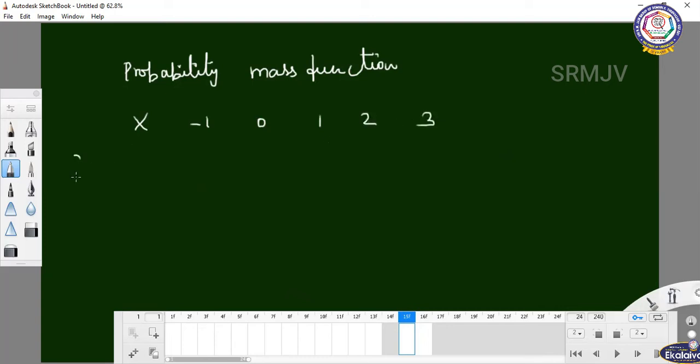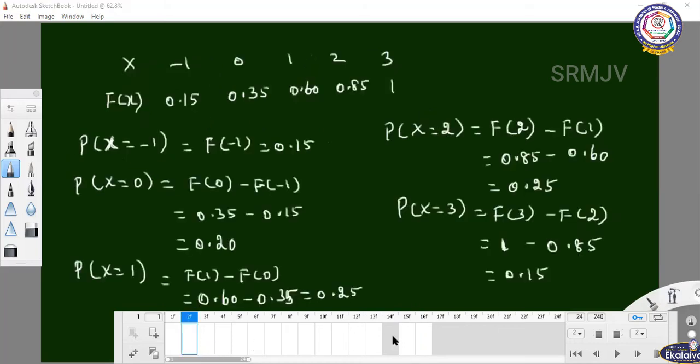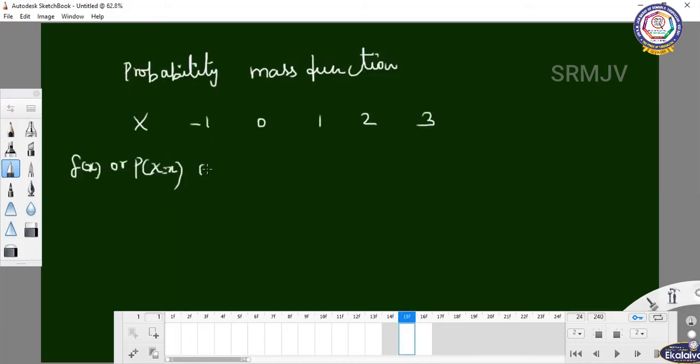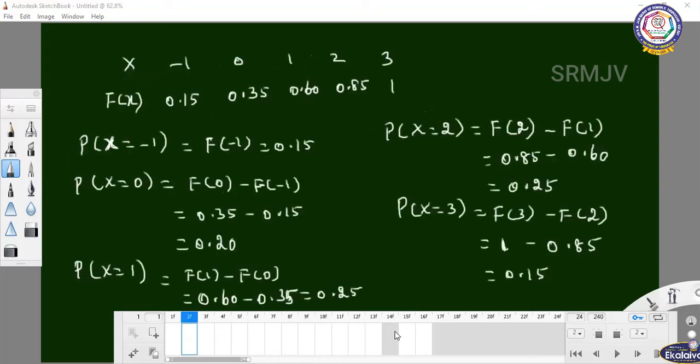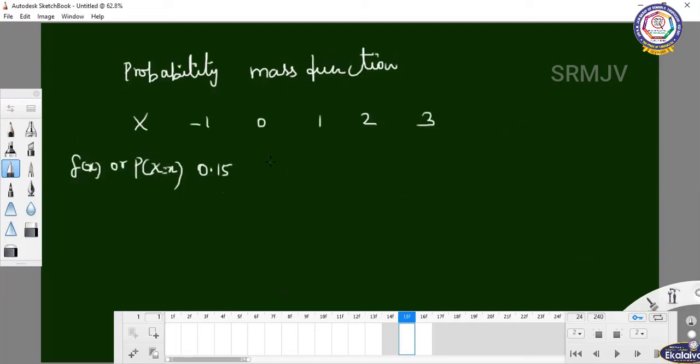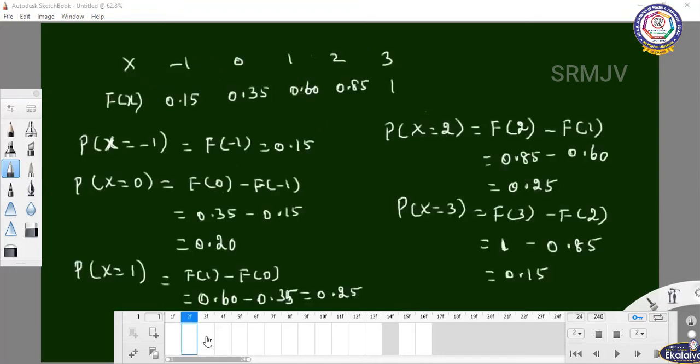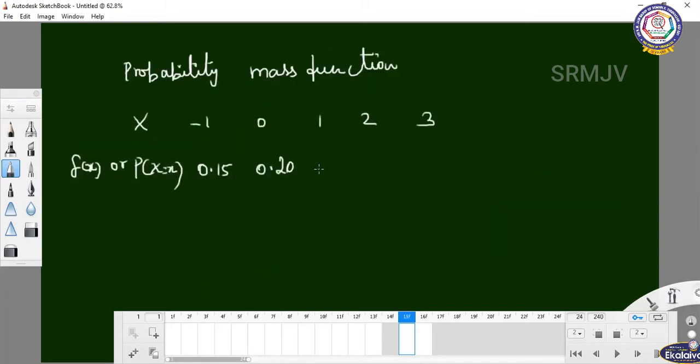Then P of X equal to x: if it is -1, the value is 0.15. For 0 it is 0.20. For 1 it is 0.25, and for 2 also 0.25.